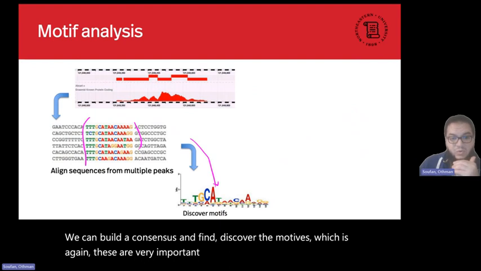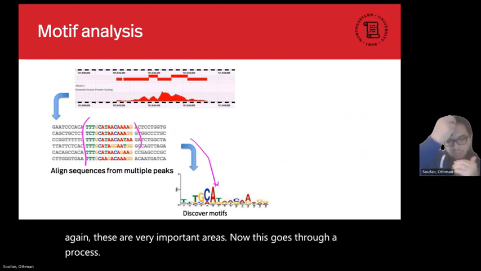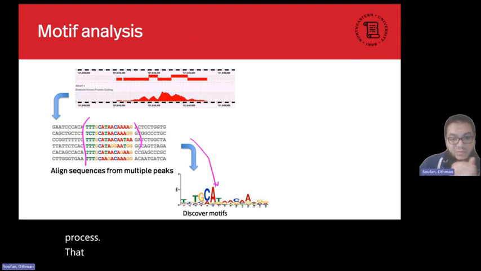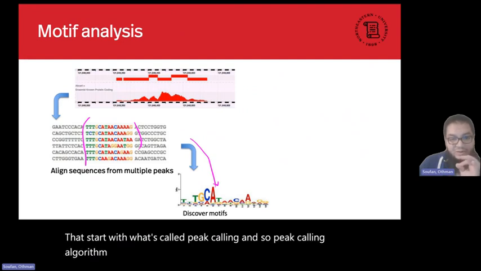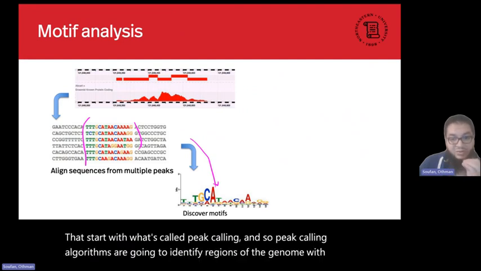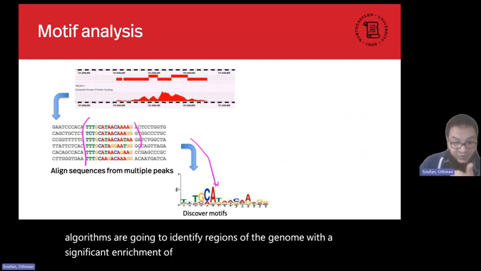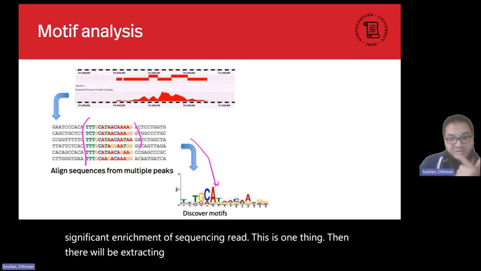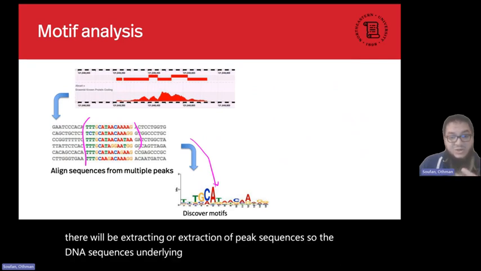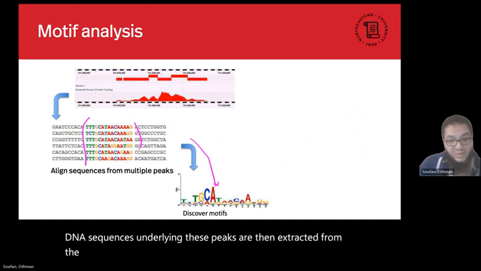Now, this goes through a process that starts with what's called peak calling. Peak calling algorithms identify regions of the genome with a significant enrichment of sequencing reads. Then there is extraction of peak sequences, so the DNA sequences underlying these peaks are extracted from the reference genome.